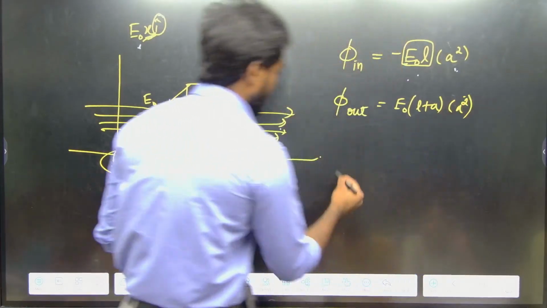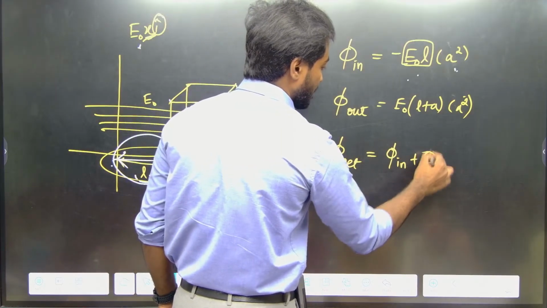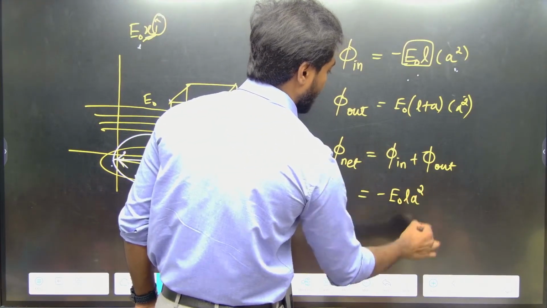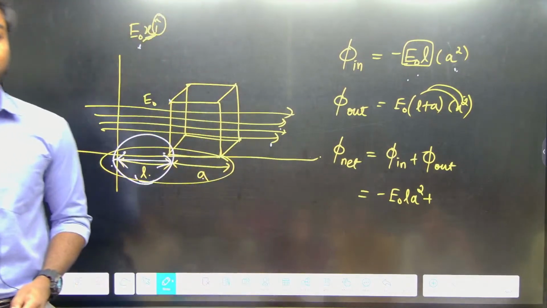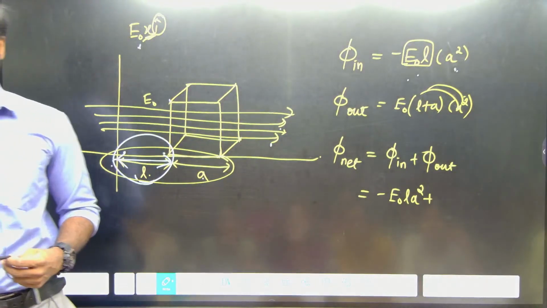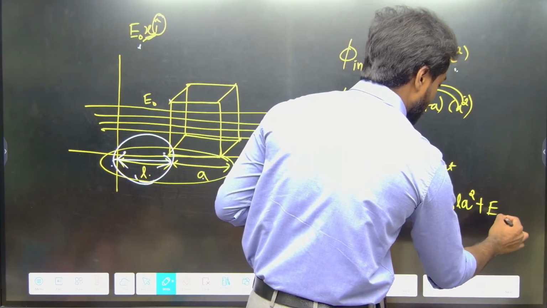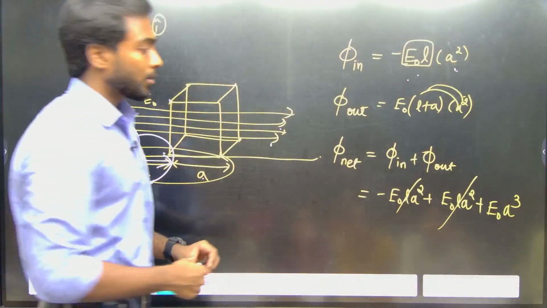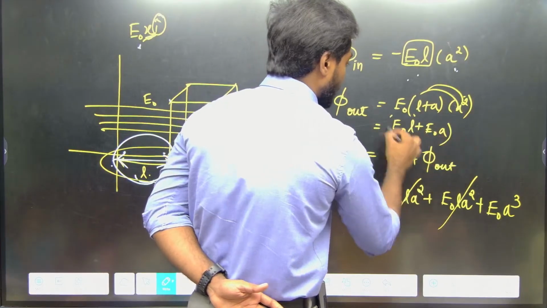What is the area? A square. Now the net flux will be equal to in plus out. So how much is in? Minus E naught L A square plus E naught L plus A into A square.